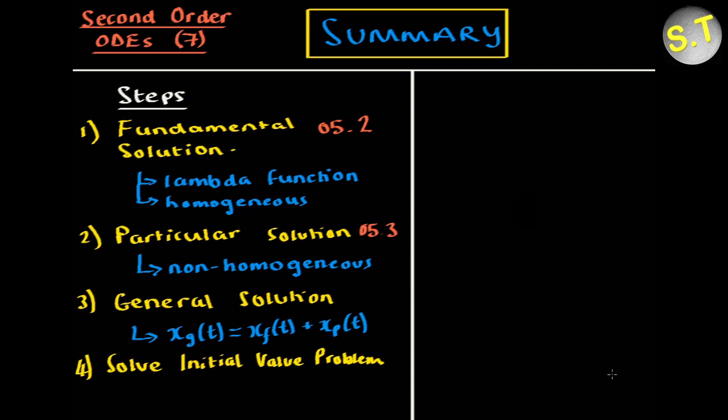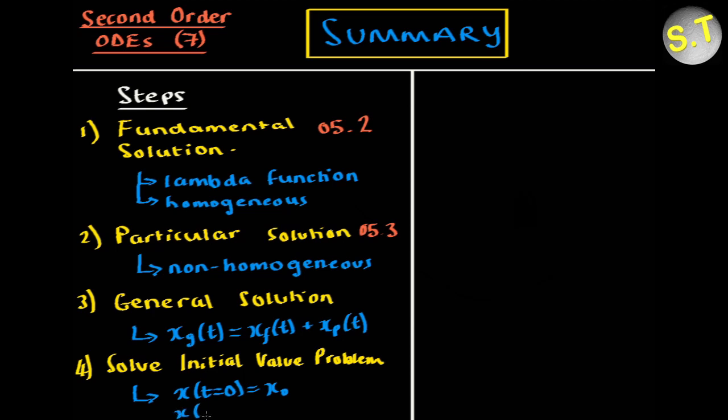And once we'd done that, we looked at solving an initial value problem, which is when you know what your initial values are at time 0, say x0 for example.